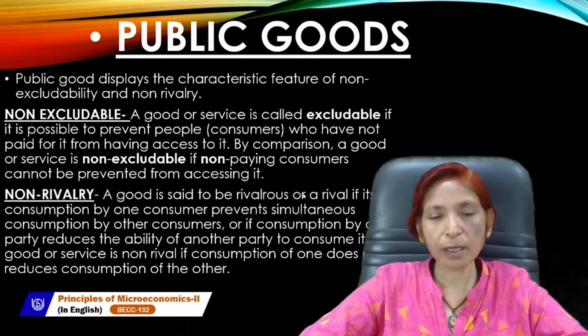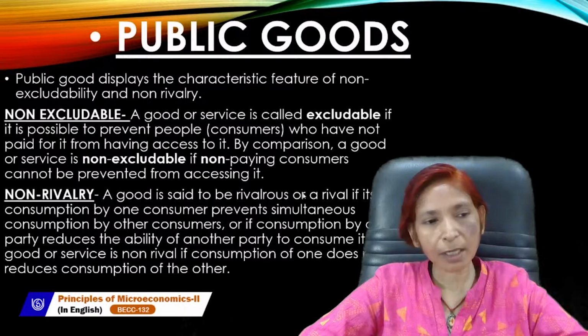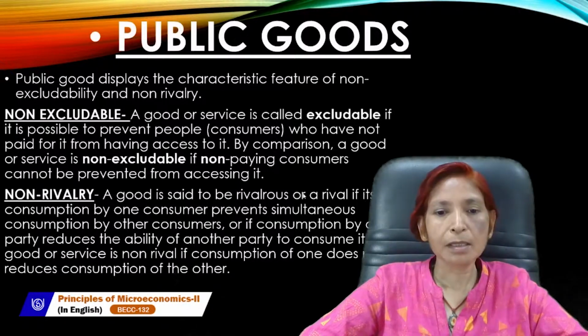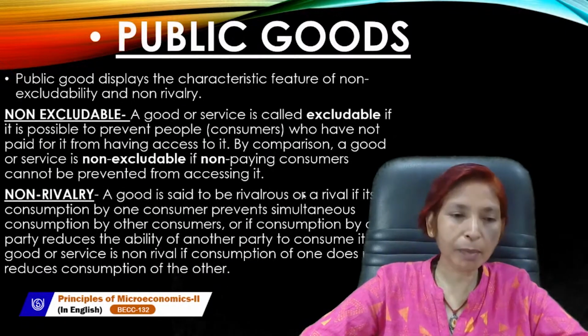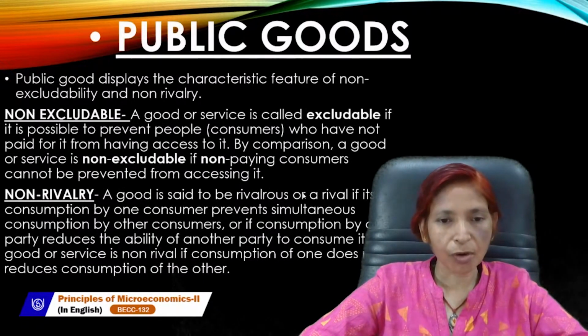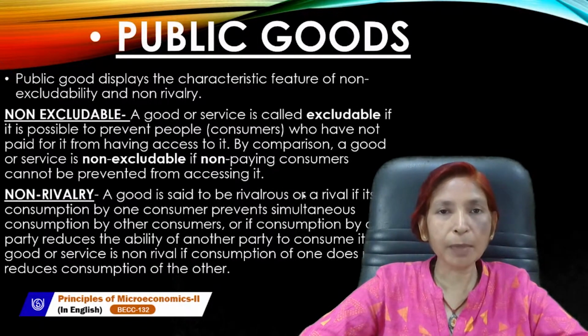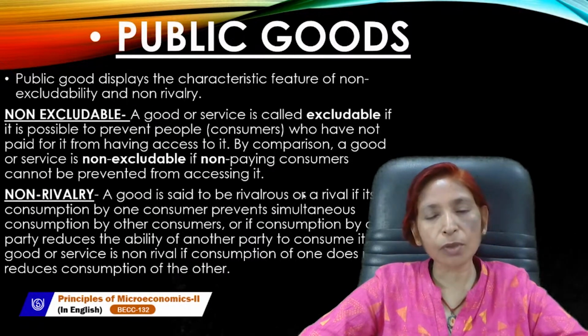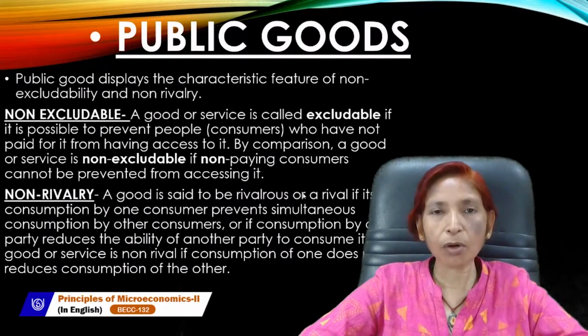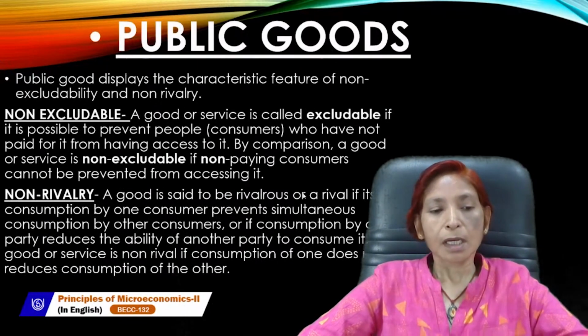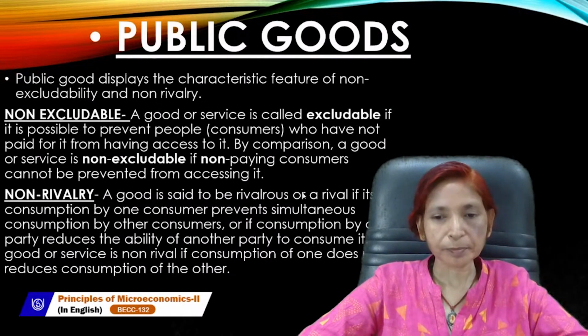A good is said to be rivalrous if its consumption by one consumer prevents simultaneous consumption by other consumers, or if consumption by any party reduces the ability of another party to consume it. That is called a rivalrous good. A good or service is non-rival if consumption by one doesn't reduce consumption by the other.